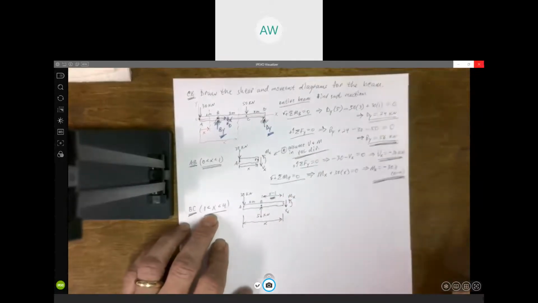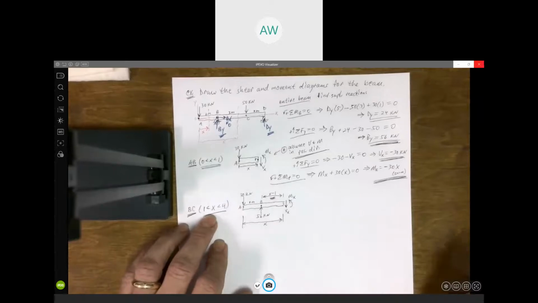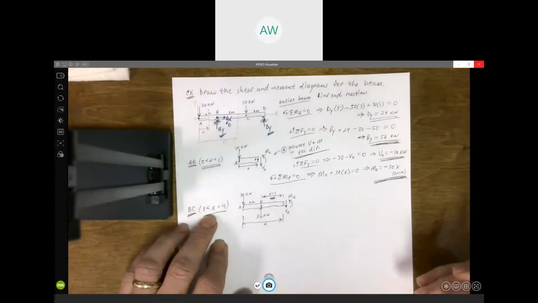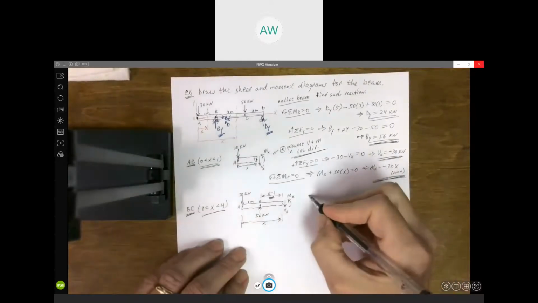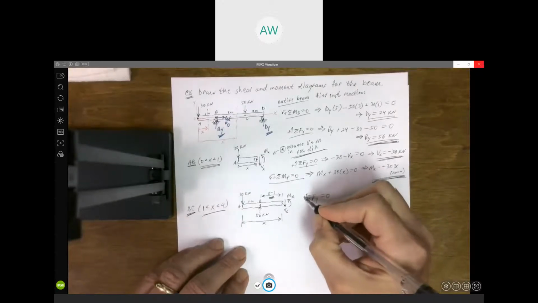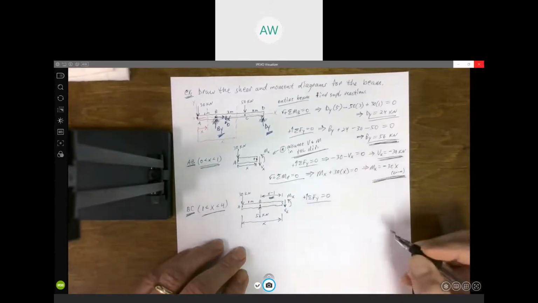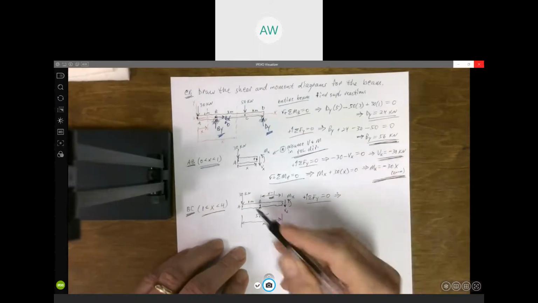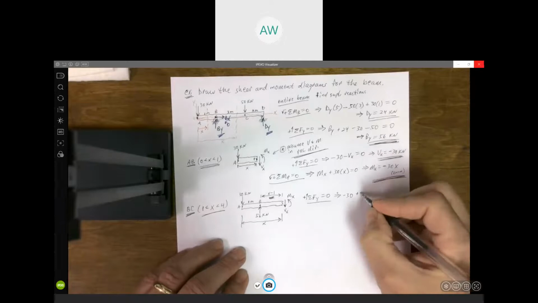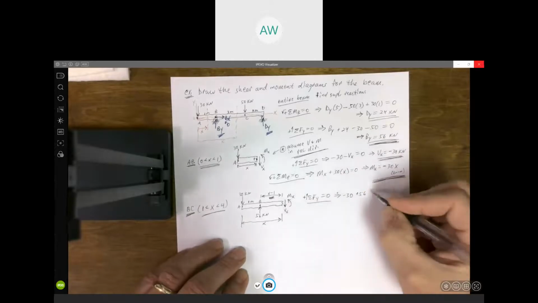All right, so now we're ready to go again. Sum the forces, sum the moments, solve for V and M. So summing the forces in the y direction, again, I'm going to take positive up. So we have 30 going down, 56 going up. I assume V is going down.